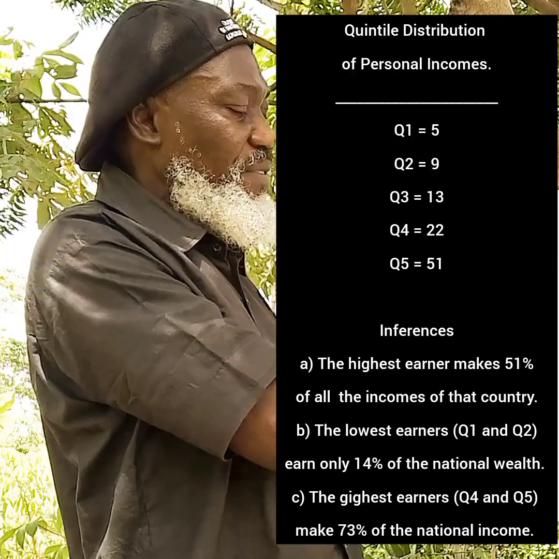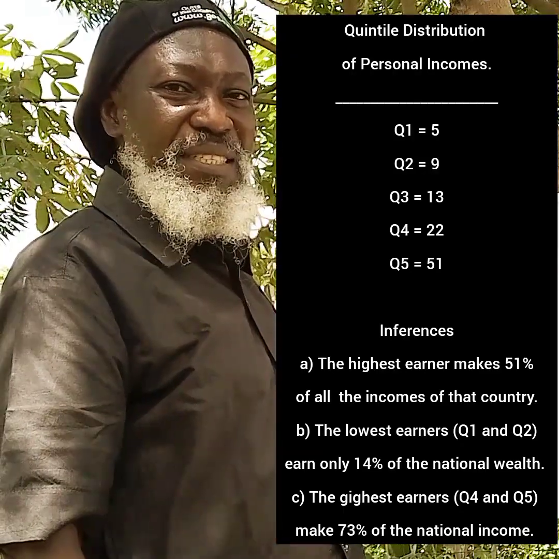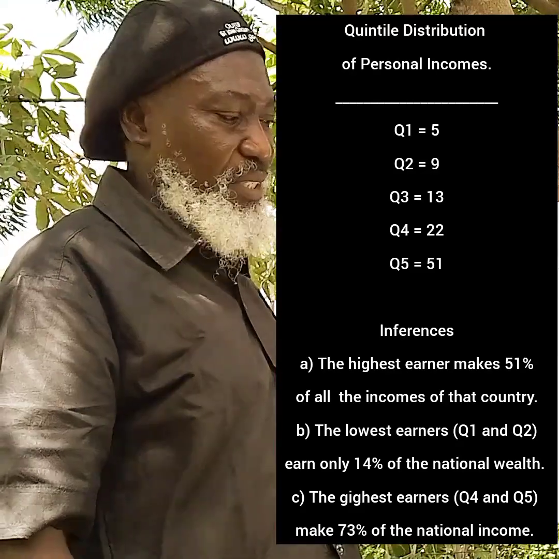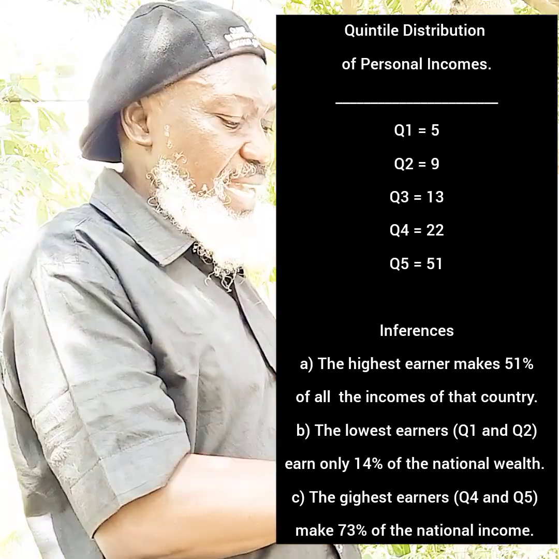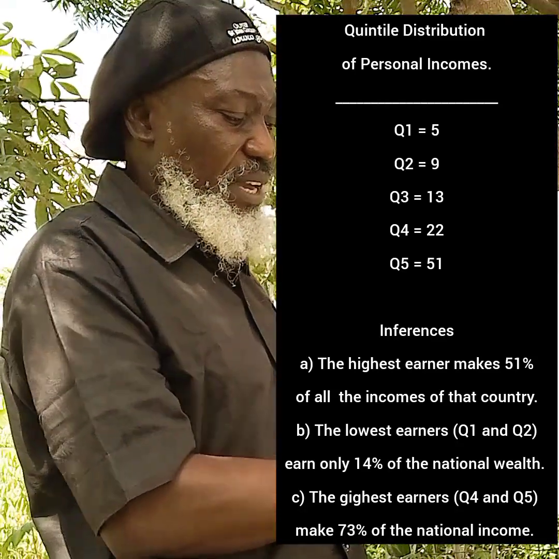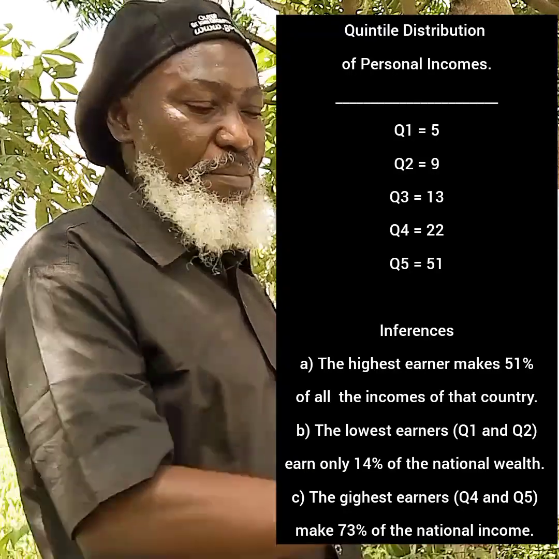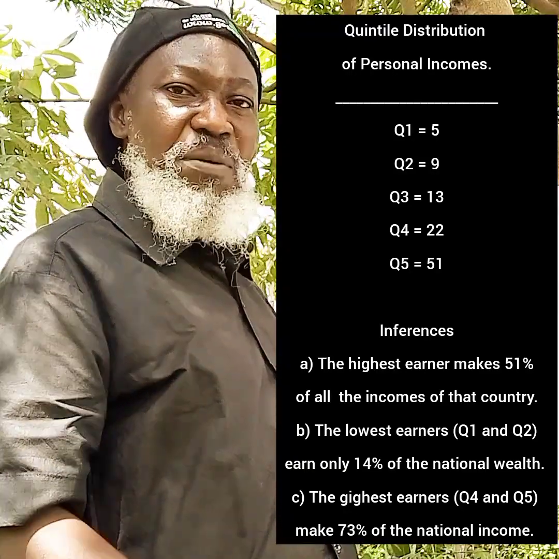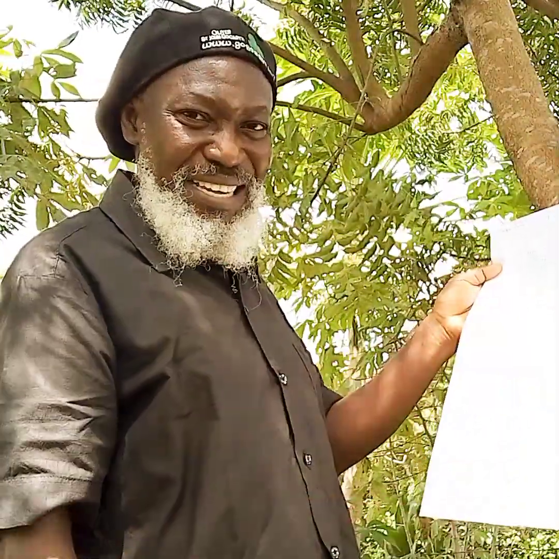If you even add the first 2, quintile 1 and quintile 2, you get only 14%. They take 14% of the shares of the income. But the bottom 2, that's the highest earning 2, quintile 5 and quintile 4, take about 73% of the incomes. So it means the high earners take a lot, as against the low earners, who are many, who take less.